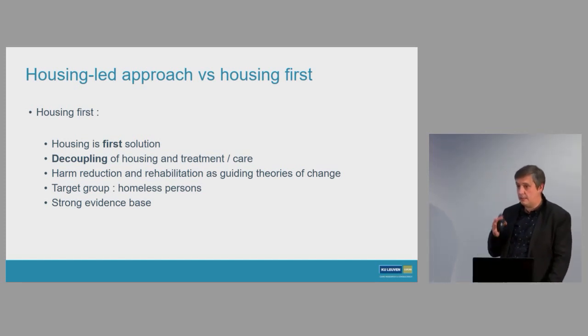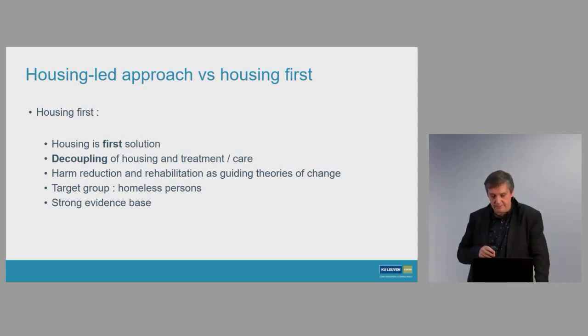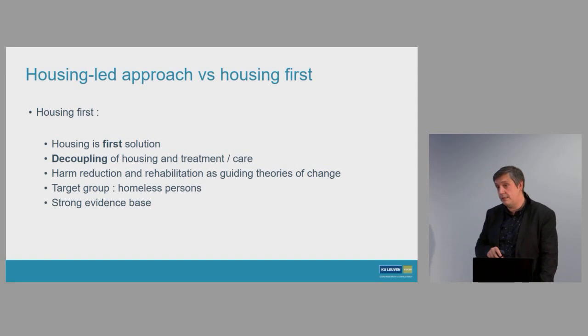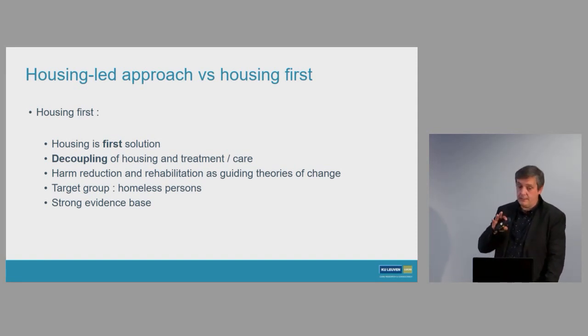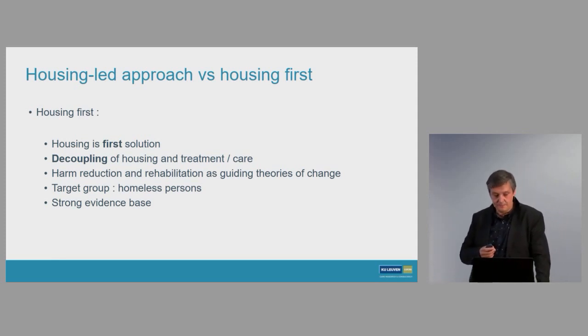No, it's trying to reduce harm. If people want to use, it's their own choice, and we want to avoid the negative effects of this addiction. So this means we try to reduce harm, and that's all. We don't want to get people rid of addiction. And this is another very essential characteristic. But at the same time, in a lot of professional contexts, this remains a very difficult thing to do.